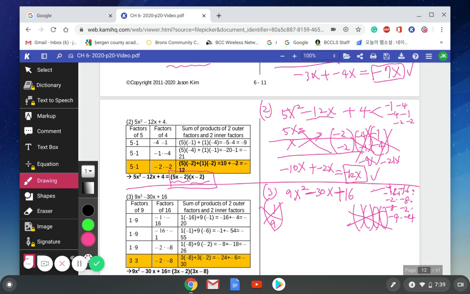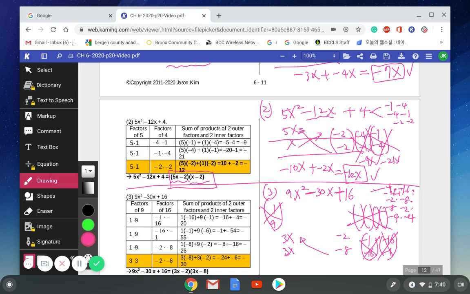Now I'm going to try 3x with a 3x. I try with a -1 with a -16. Didn't work out. It's too big. When I try -16 with a -1, also didn't work out. I'm going to try -2 with a -8.